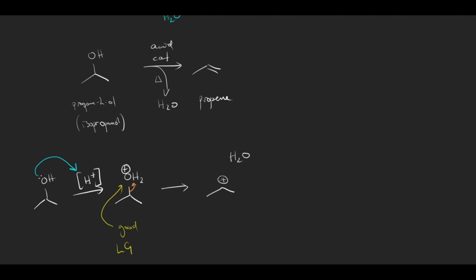Now, this charged species has got a hydrogen hanging off here, and so if I'm in water, a different water molecule can come along, and its lone pair can grab this hydrogen, and then the bond between the hydrogen and the carbon gives its electrons back to the carbon-carbon bond. I'll highlight it in red.